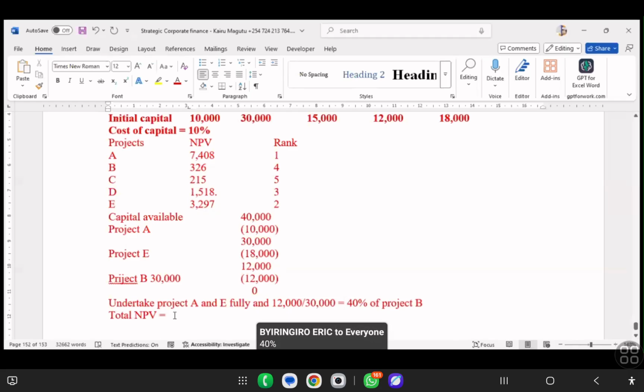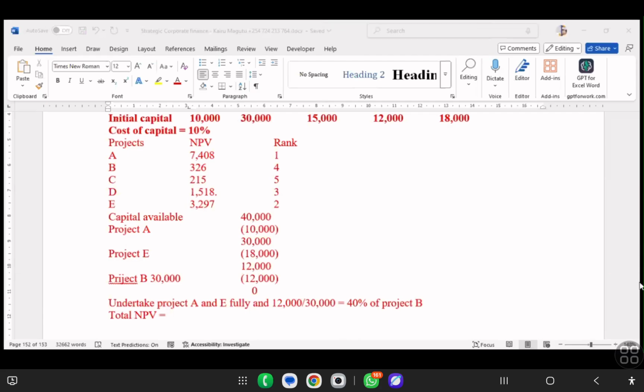I believe it is 40%. So how much is the combined NPV if that is correct? What is the NPV of this investment?